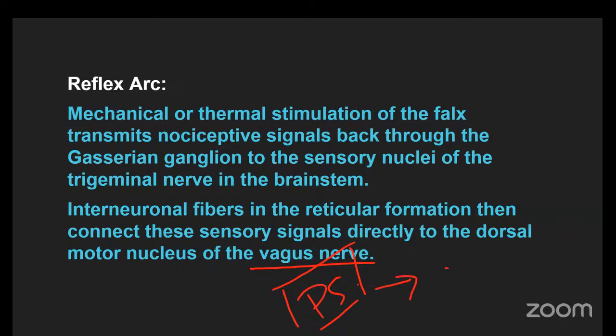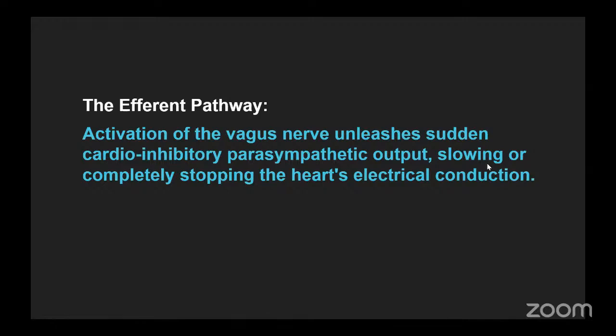What it does is it slows the heart rate, and it can even put the patient in a cardiopulmonary arrest. So the efferent pathway goes via the vagus nerve. Remember that the afferent pathway went through the trigeminal nerve. The efferent goes through the vagus nerve and can slow down or completely stop the heart's electrical conduction.